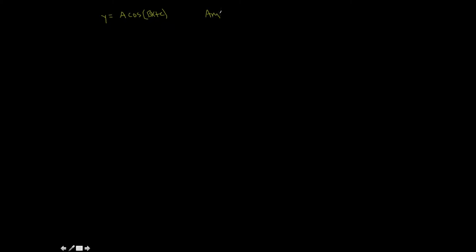We know the amplitude is the absolute value of a. We know the period is 2 pi over b. We already knew that. We've added the phase shift. The phase shift is negative c over b.